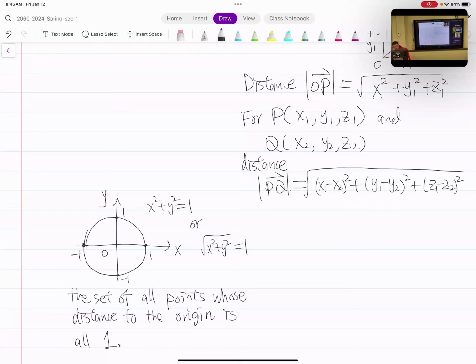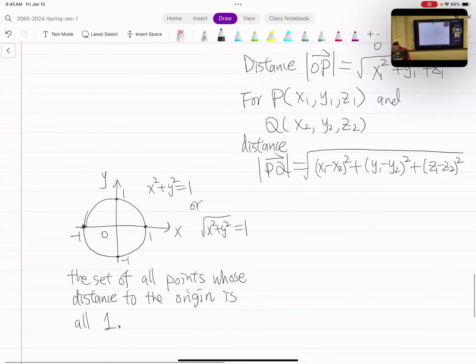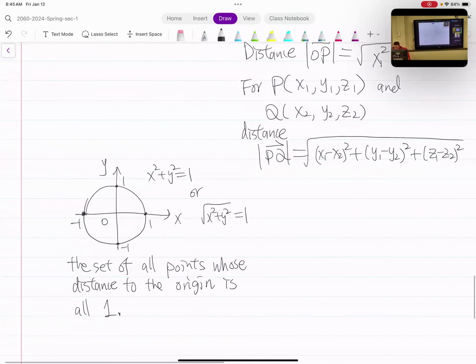So basically, if you want to illustrate the set of all points whose distance to the origin is 1, that's going to form the circle.